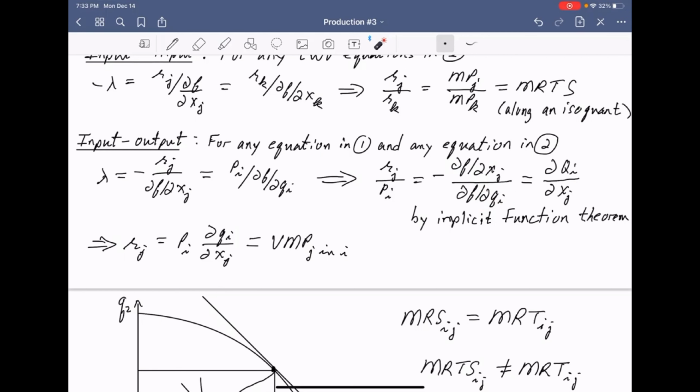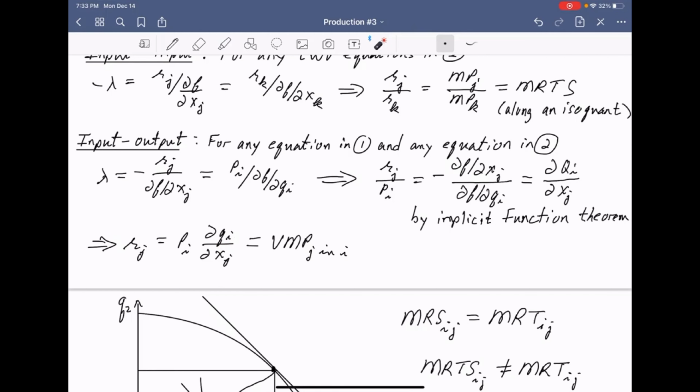And of course that is equal to the partial of qi with respect to xj, input j. So we write that as the input price of j is equal to the price of output i times the marginal product of xj in the production of qi. We refer to that as the value of the marginal product of j in i.